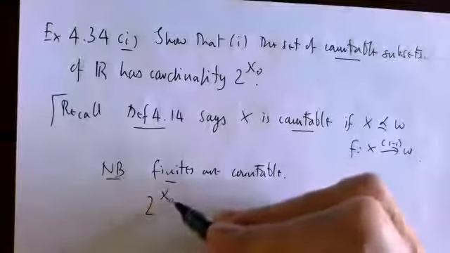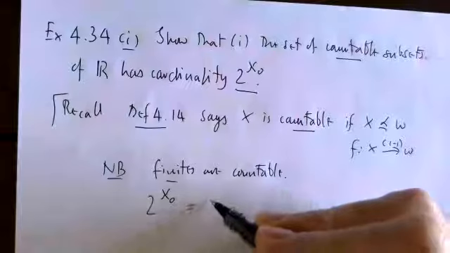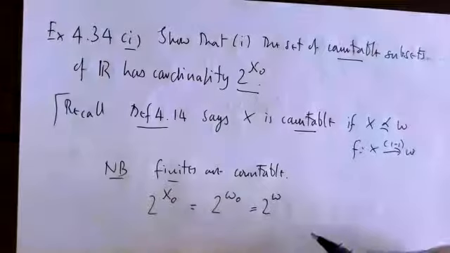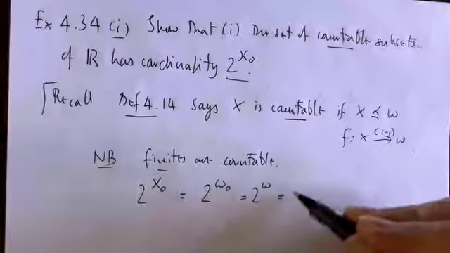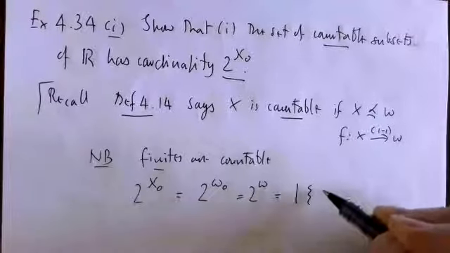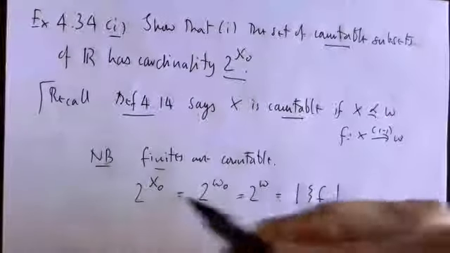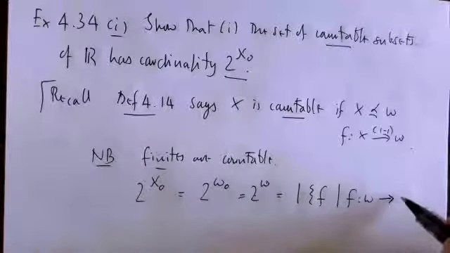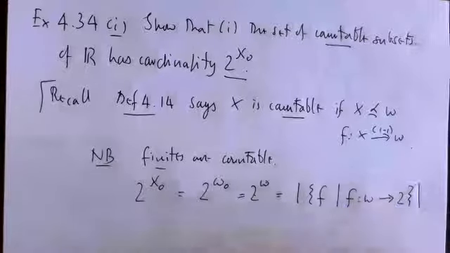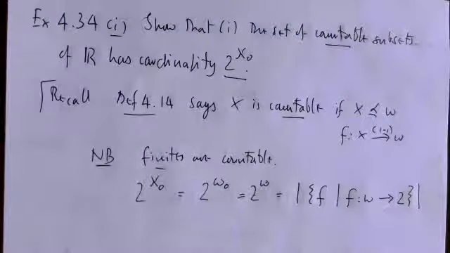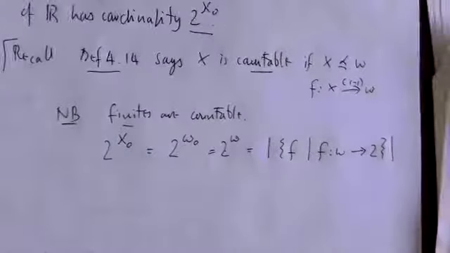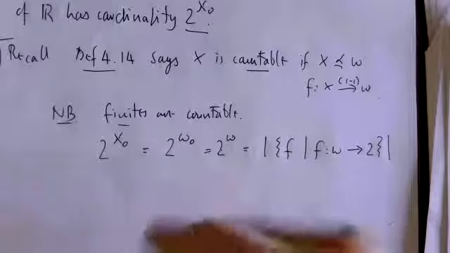So 2 to the aleph 0, the other term in the question, is also called 2 to the omega, and this is the cardinality of the set of functions which go from omega into 2. And we know that the cardinality of the real line is the same as that of this set of functions.